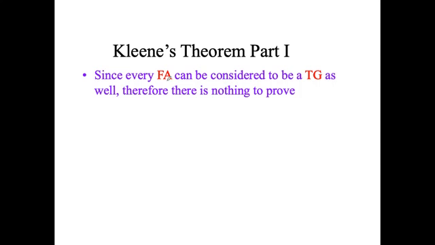So by definition, every FA can be considered to be a transition graph as well. Therefore, there is nothing to prove. You remember in transition graph, there are certain relaxations.